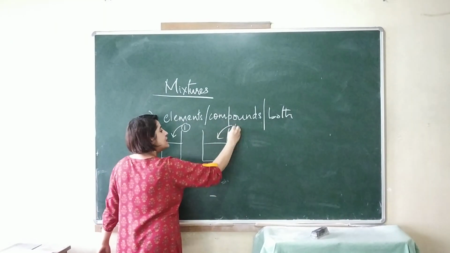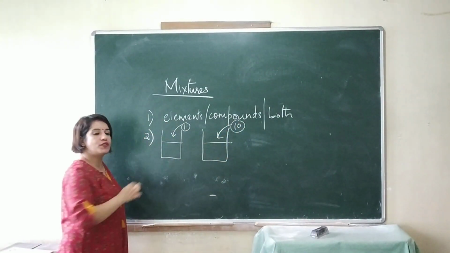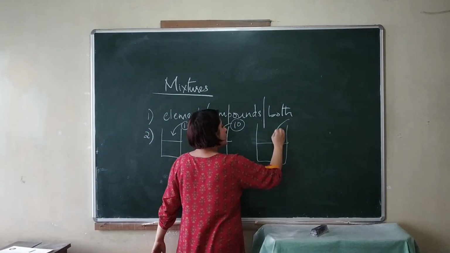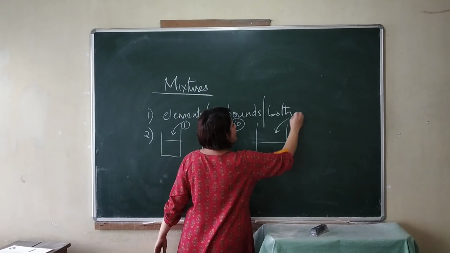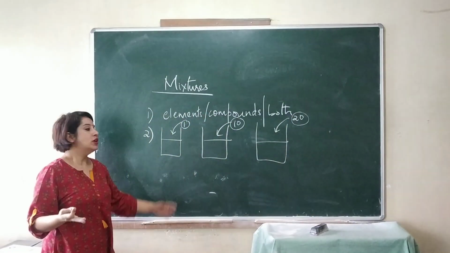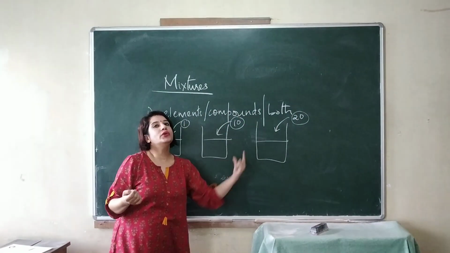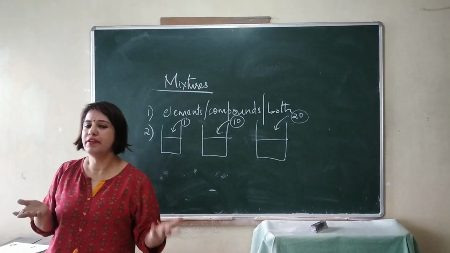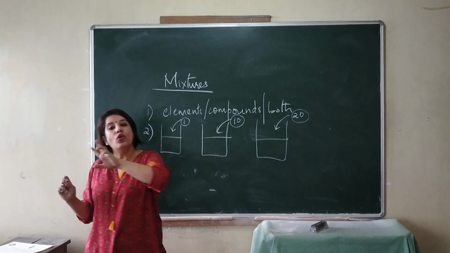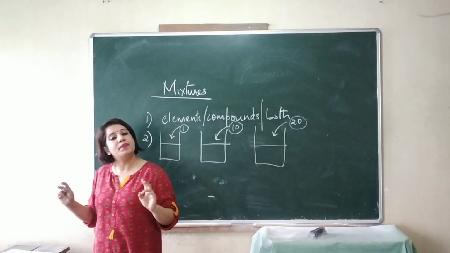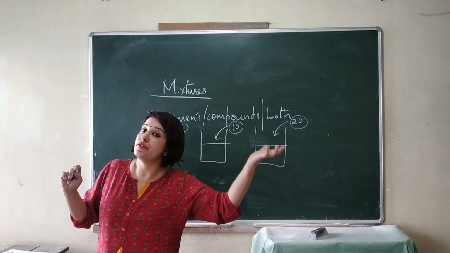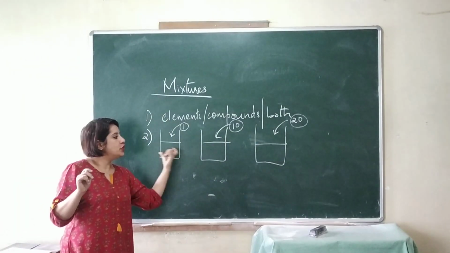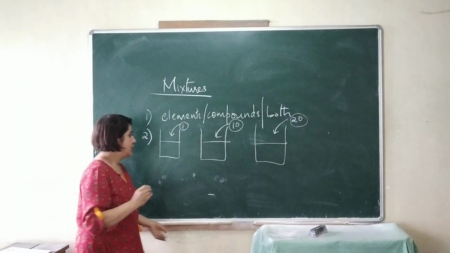If you add 10 tablespoons of salt, it will still be a mixture. If you add 20 tablespoons also, it will be a mixture. So here the ratio is not fixed, whereas in compounds the ratio was fixed. I gave an example of water where always 2 atoms of hydrogen combine with 1 atom of oxygen to give you water. But in a mixture the ratio is not fixed.